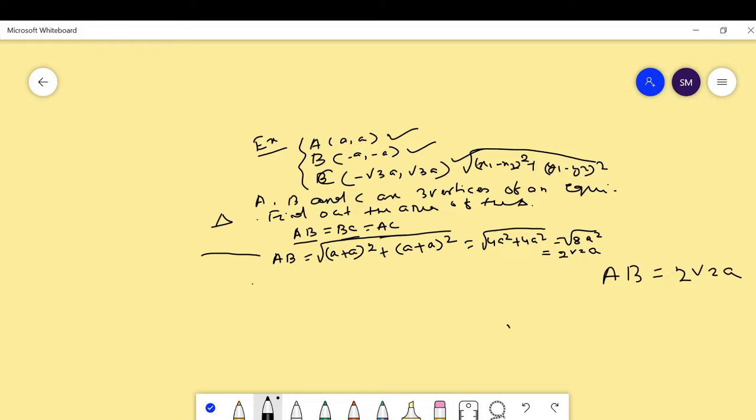In the same way we find BC. BC is equal to the square root of (-a minus √3a) whole square plus (-a minus (-√3a)) whole square.